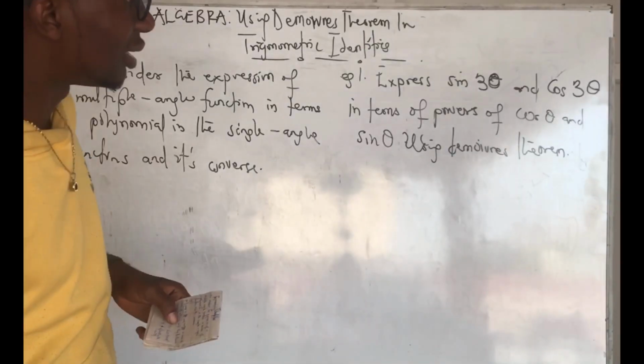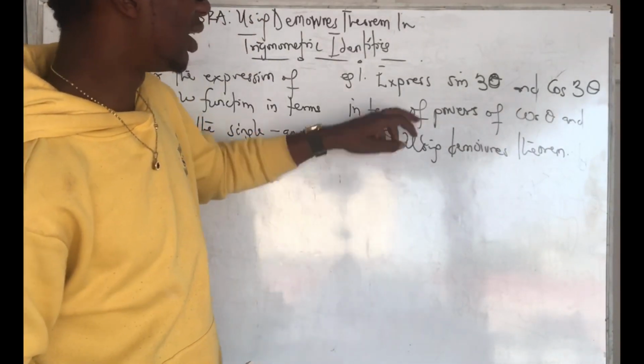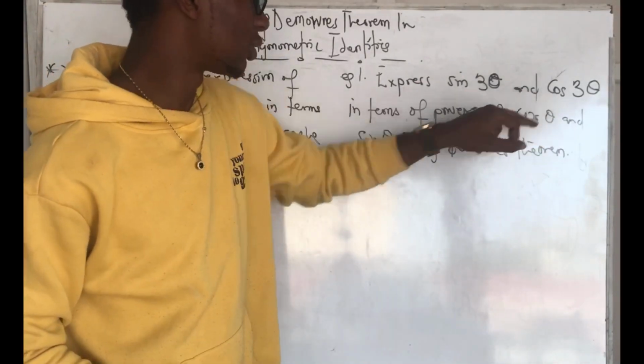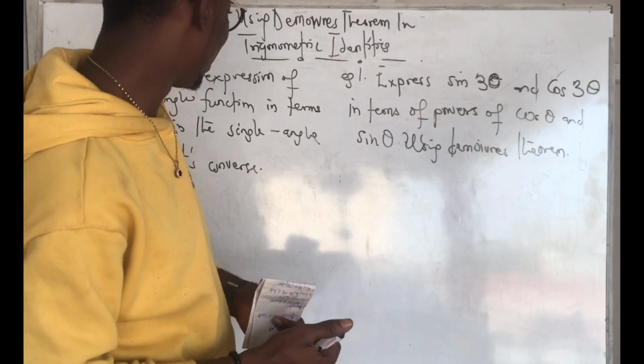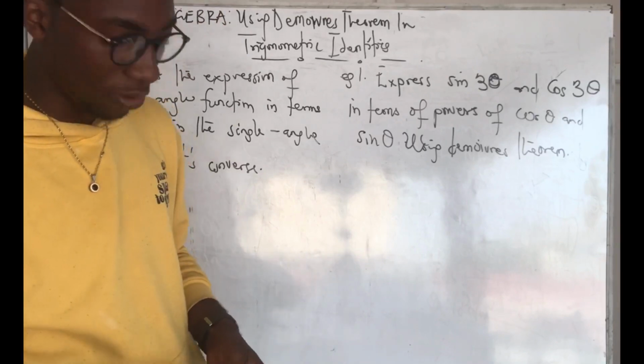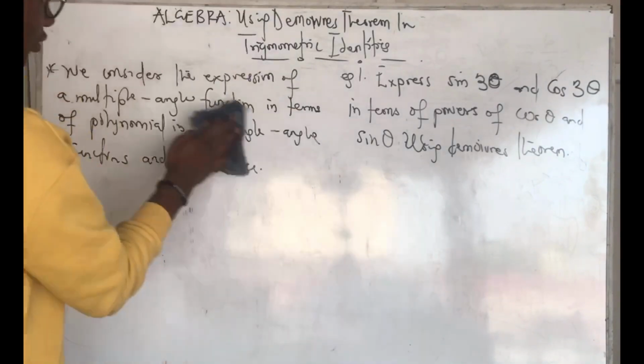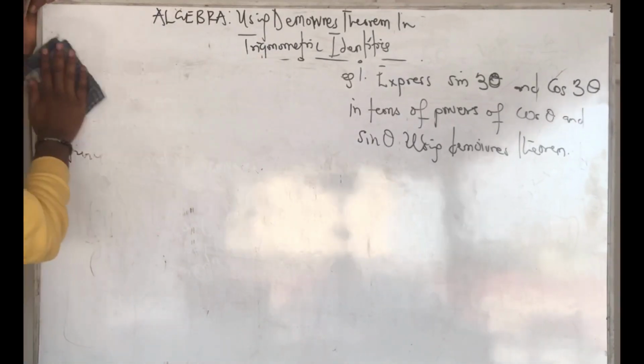This is a typical question you can be given, to express sine 3 theta and cos 3 theta in terms of powers of cos theta and sine theta using De Moivre's theorem.